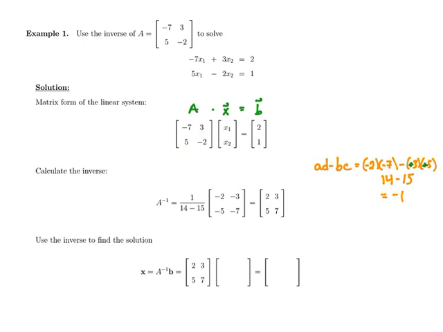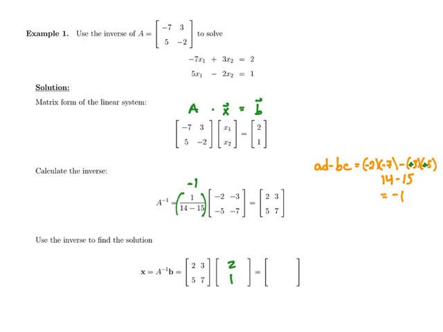If we put all that together, we get negative 1 times that matrix, as this is negative 1, and we get [2, 3; 5, 7] as the inverse. So now that we've found the inverse, we basically have the solution to the system, because the solution is going to be A inverse times B. In this case, B is the vector [2, 1].